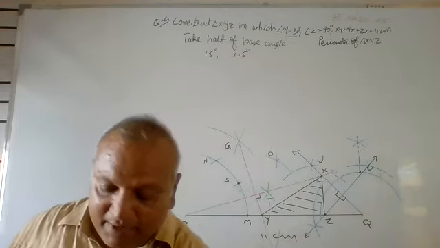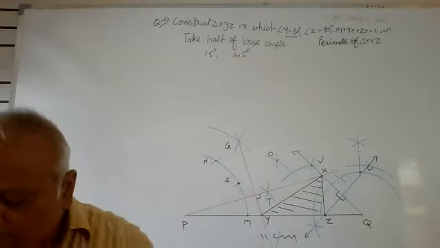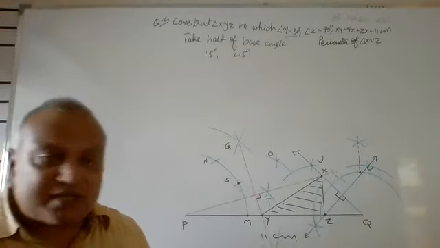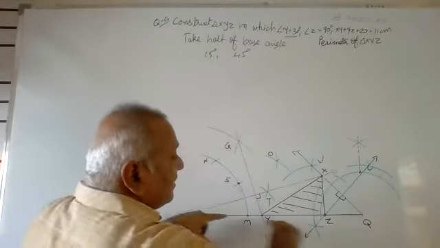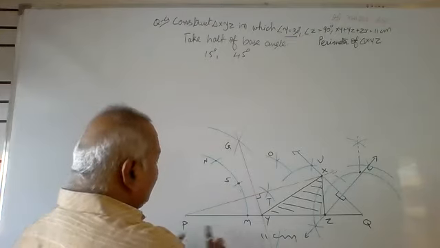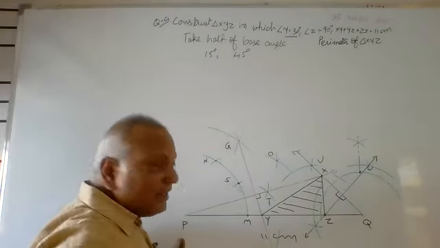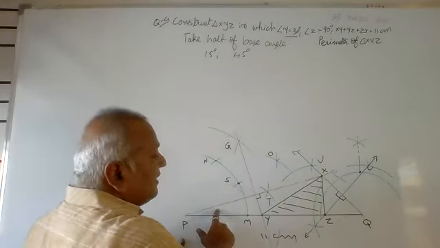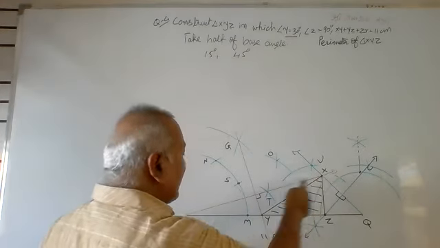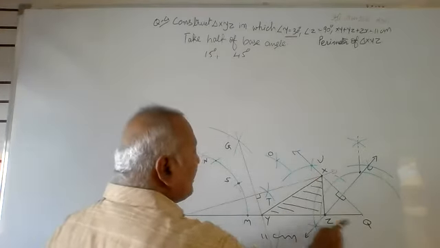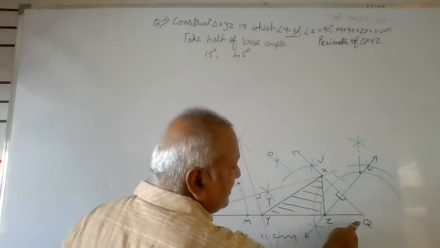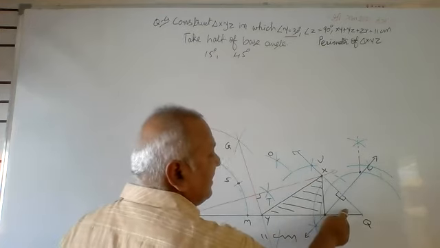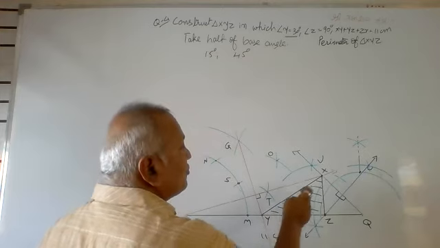So I will repeat the construction. First, whatever perimeter we are given, 11 centimeters, so I have drawn the 11 centimeter line segment PQ. Then angle XPQ is 15 degrees. Then angle XQP is 45 degrees.